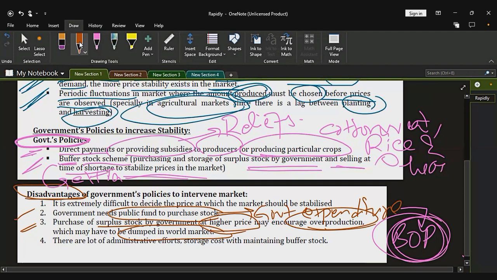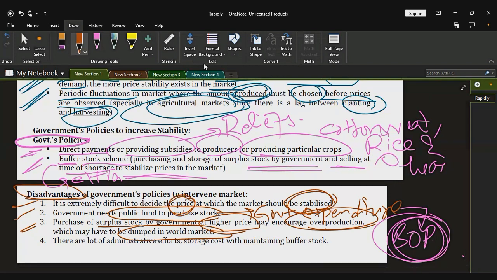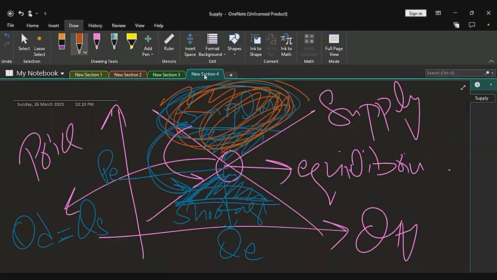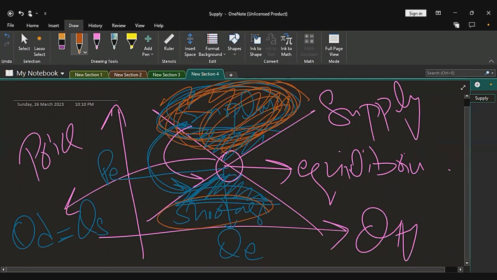The other problem that we always encounter is that it is extremely difficult to decide the price at which the market should be sustained or stabilized. It is always dependent upon the government to decide, in world economic conditions, which price is suitable in the market.